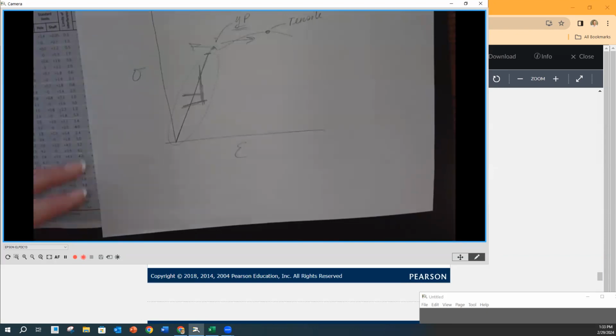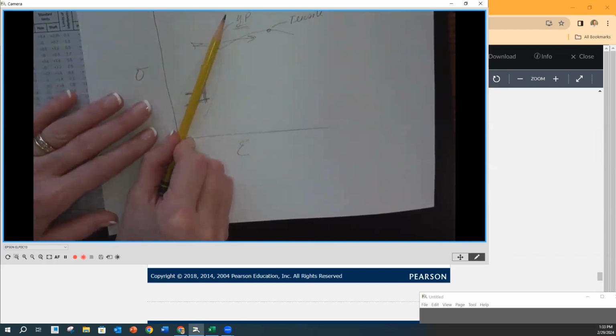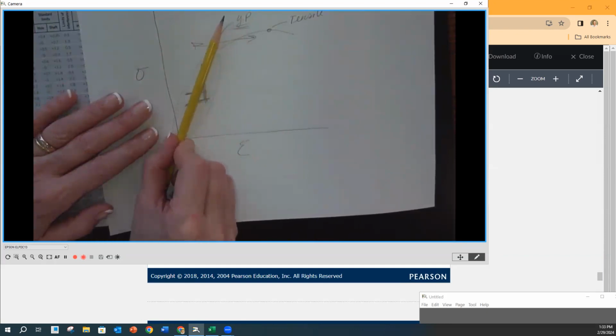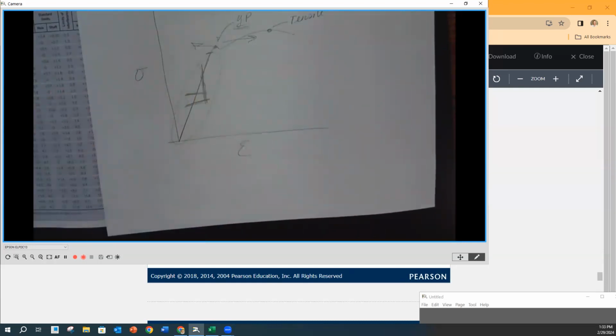And what that means is that, compared to steel, aluminum is going to want to move more when I pull on it. So its slope is going to go like this. Okay. It's going to be more like this as opposed to this. Okay. Strain is how much it's going to move per unit of length when I put a load on it.